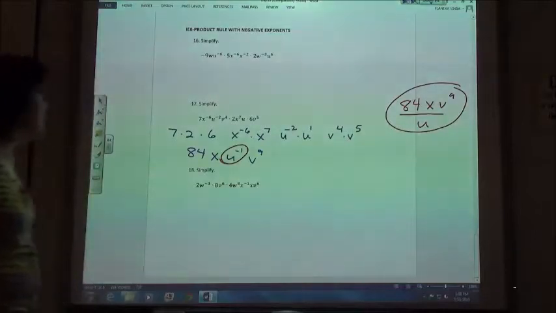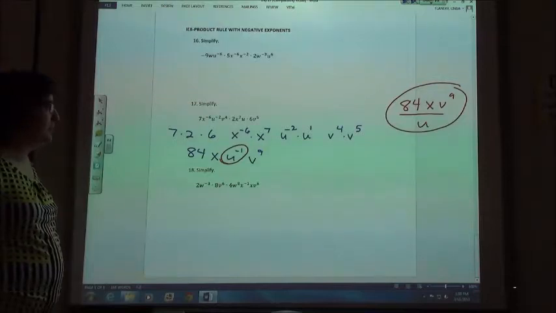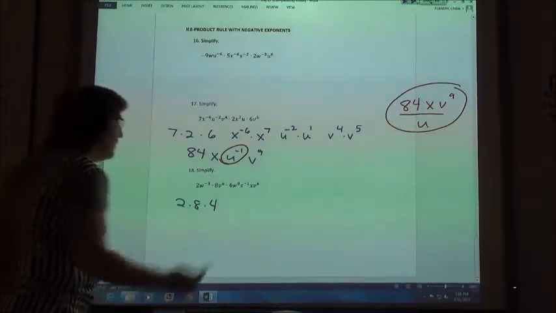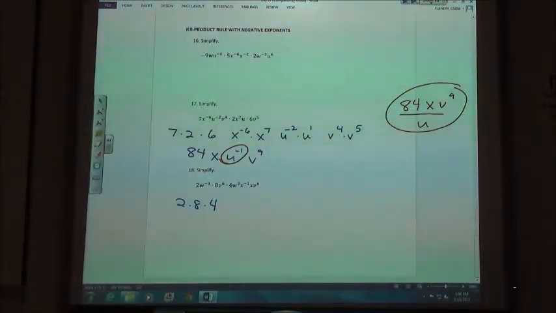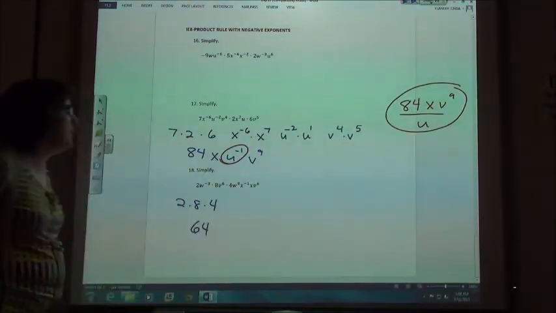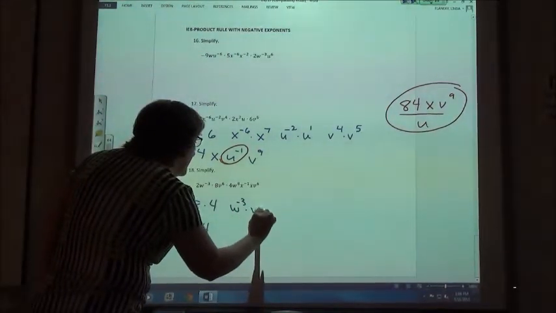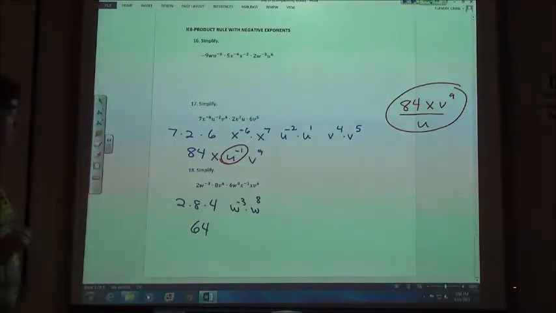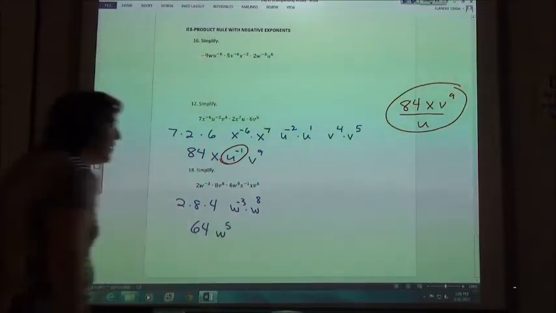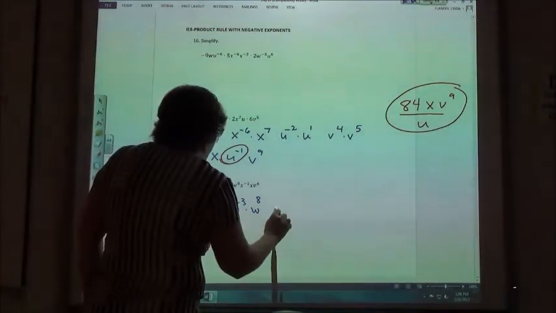So, last one on this page, number 18. How should I do that one? Two times 8 times 4. 64. Then what are you going to do next? W to the negative 3 times w to the 8 gives you positive 5. Negative 3 plus 8, positive 5. Then I'm going to do v.